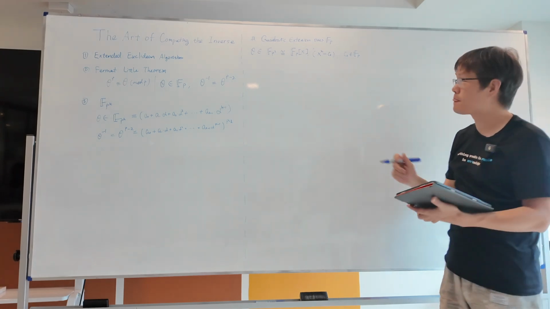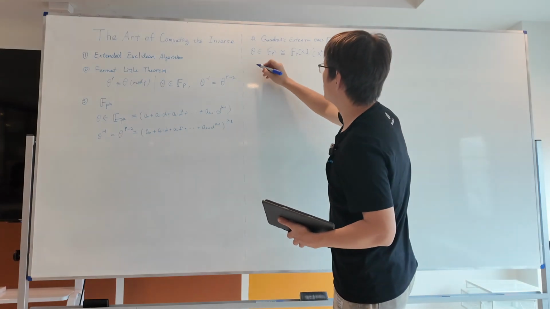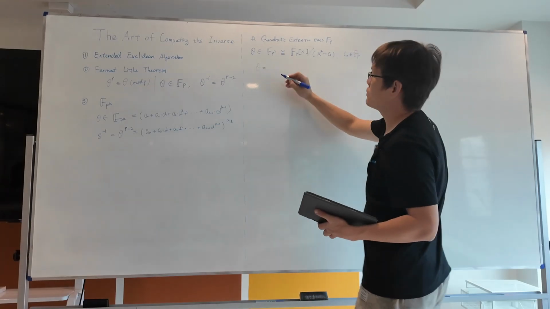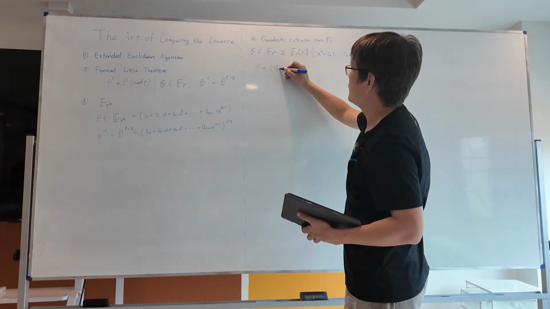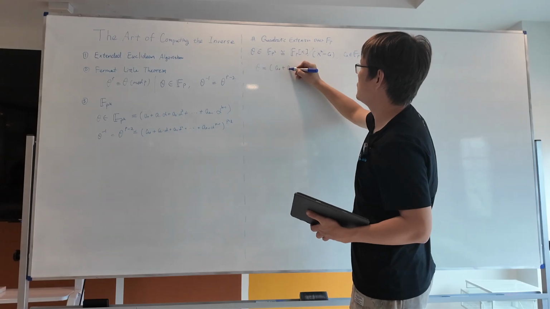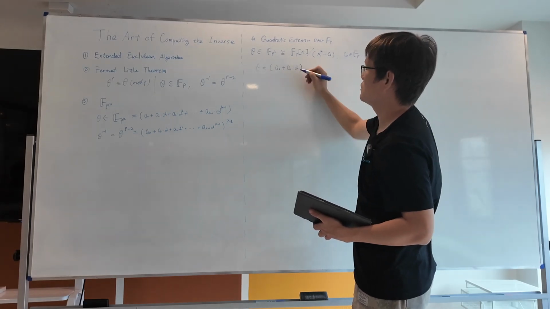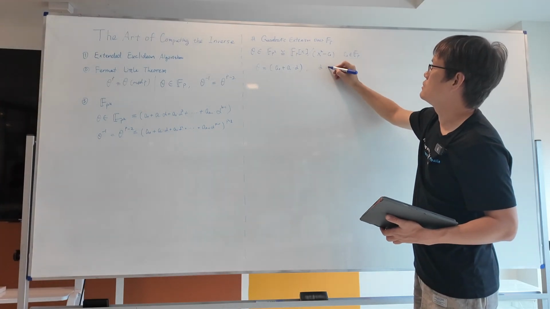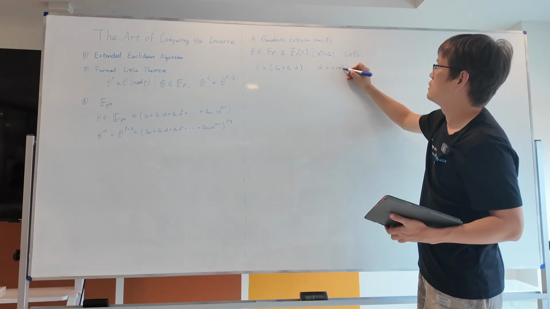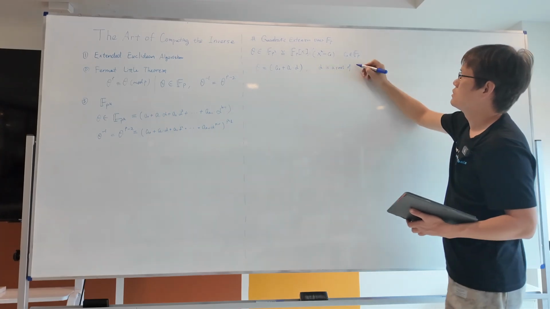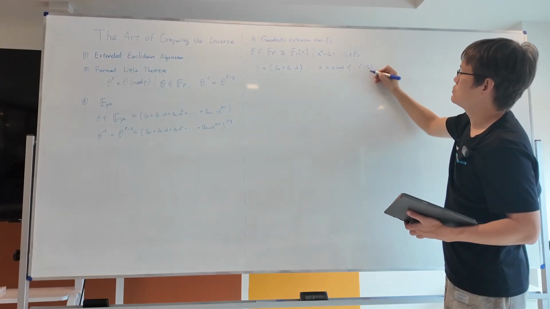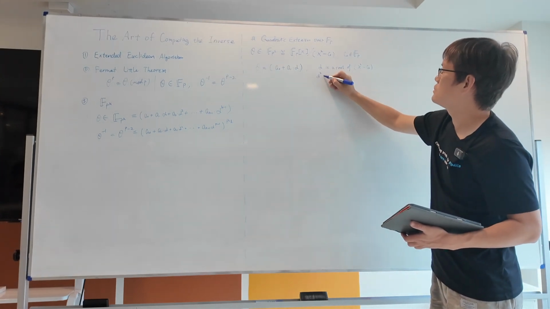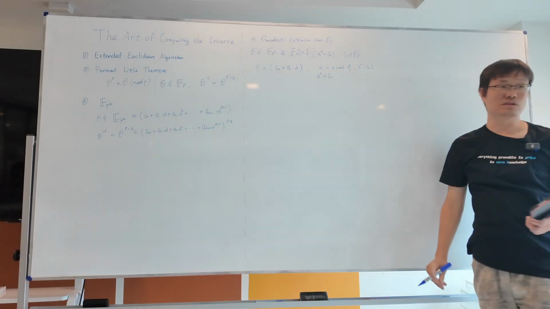Then theta can be rewritten as a0 plus a1 times alpha. Here alpha is the root of x squared minus c0, so alpha squared equals c0.